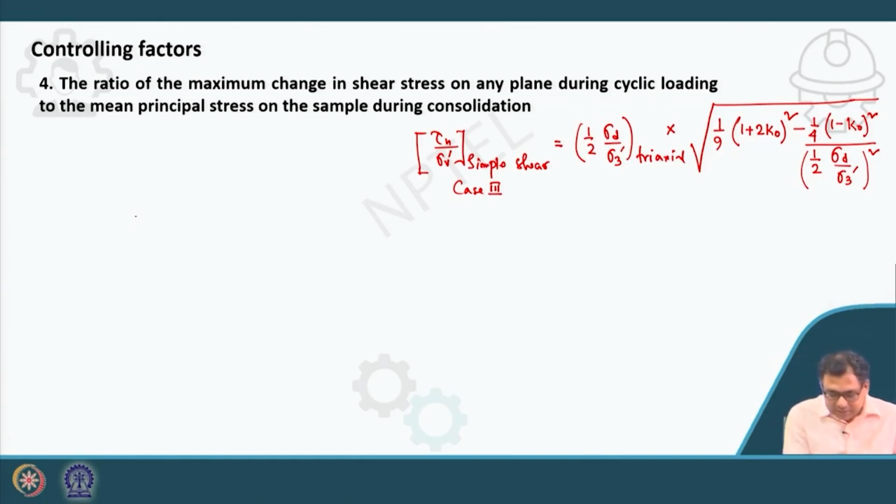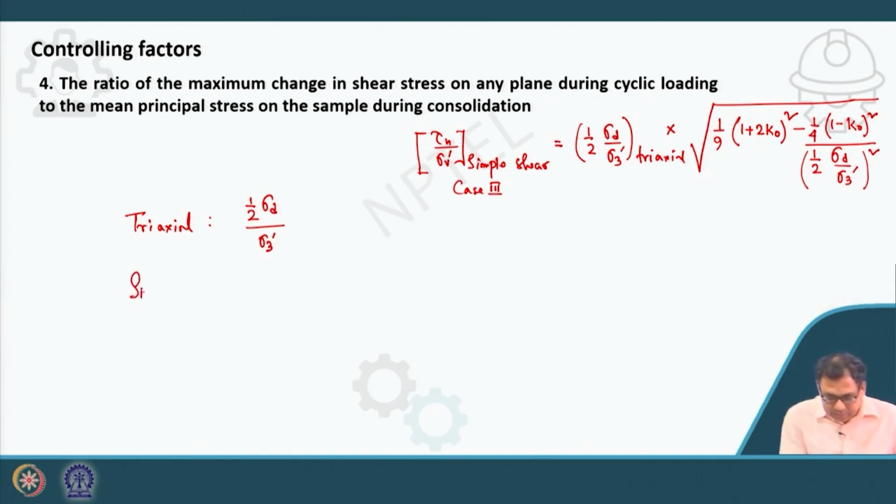So for the triaxial, the maximum change in shear stress is half sigma d, and the mean principal stress during consolidation is sigma 3 dash. There will be no change, the same one.